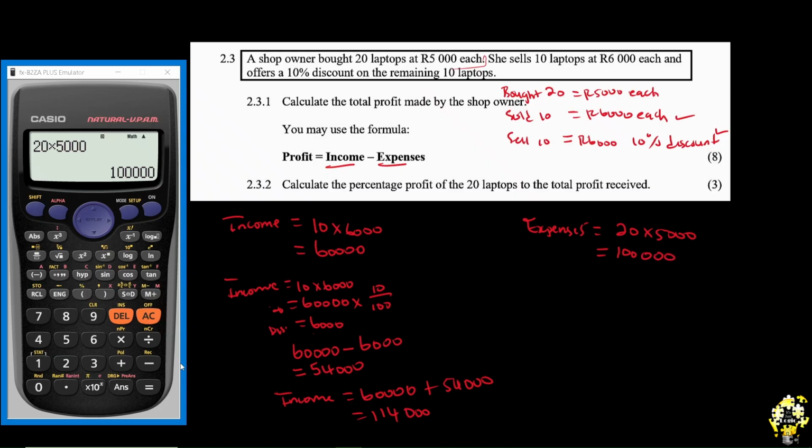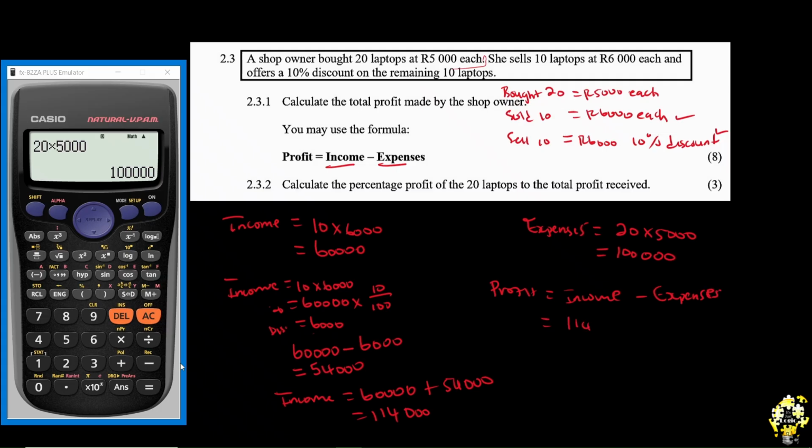Currently, it's 100,000 that we have used. So we can come to the formula which says that profit is equals to income when you subtract expenses.